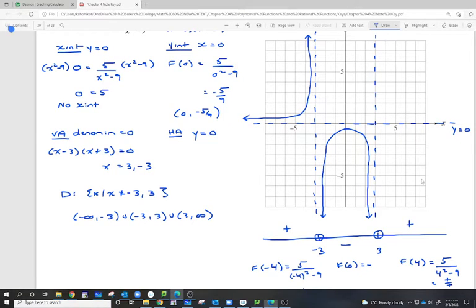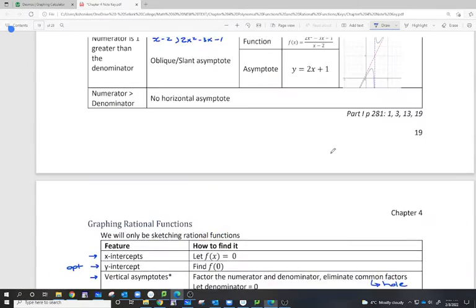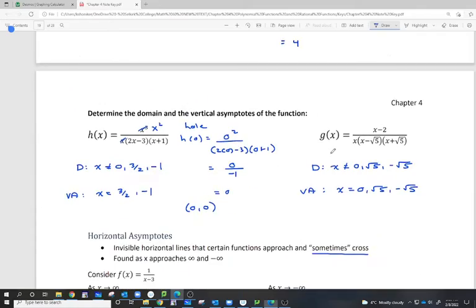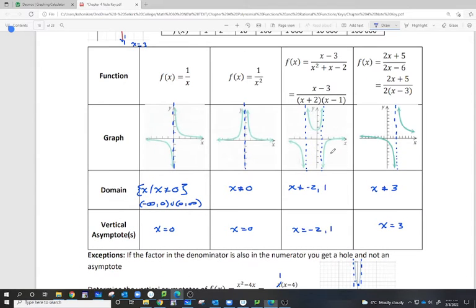And 90% of the time, your graph is going to do this, where in your different intervals, you're going to just swap. So if it's positive in this interval, it's going to go negative in this interval, and then it's going to go back to positive. There's only a few. Like if I go back up here, I can show you one. Here, this one. So if I look at f of x is equal to 1 over x squared, this graph was up, up. It didn't go below.